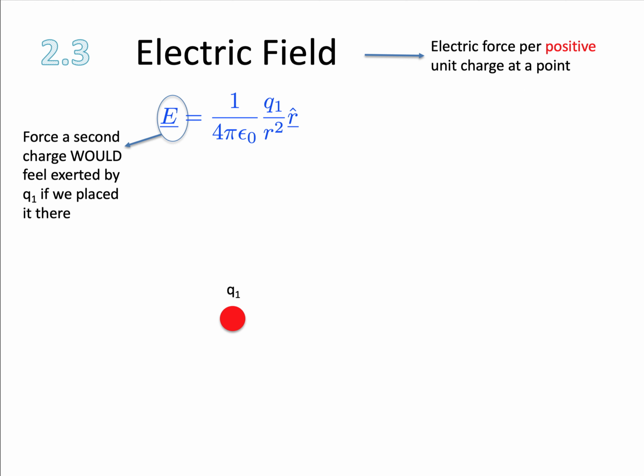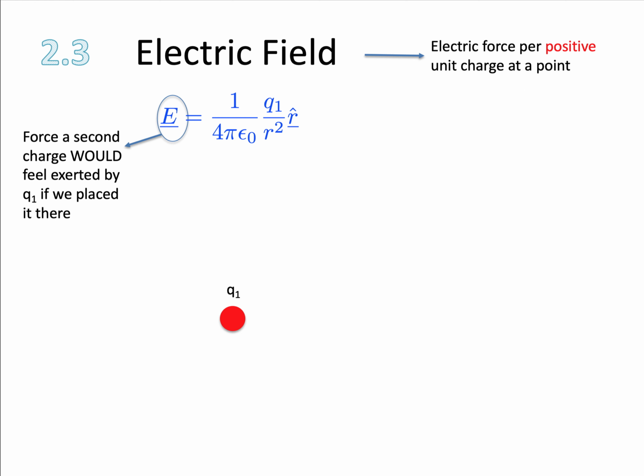So if there is no second charge, then what direction is the unit vector in the equation pointing? Well, r is the distance to the point we are measuring at. So remember, we had to specify a measurement point, which is the point we would put our second charge at. And r hat there, the unit vector, is in that direction.